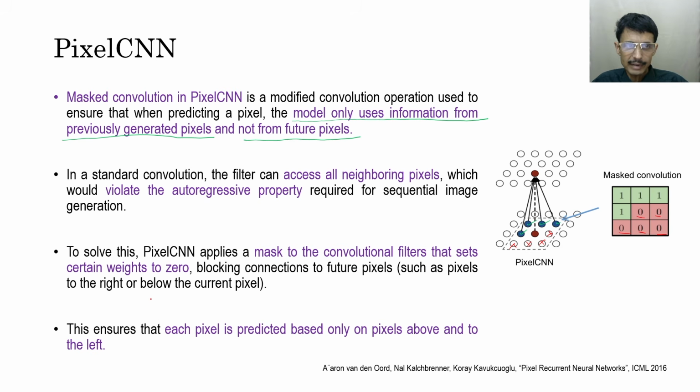Such pixels are to the right and below the current pixel. This ensures that each pixel is predicted based on the pixels above and to the left. So this is how PixelCNNs work.